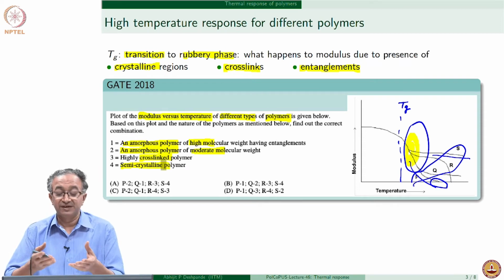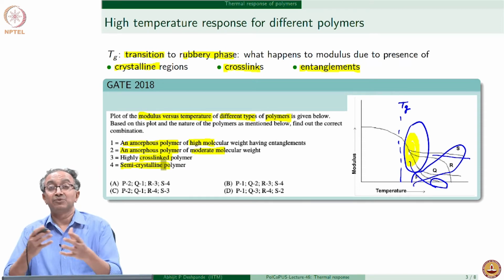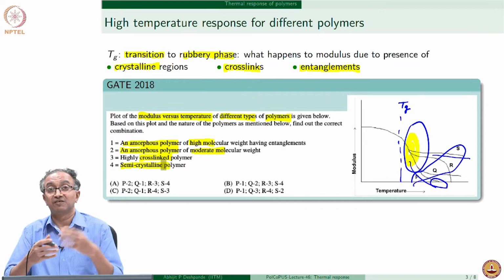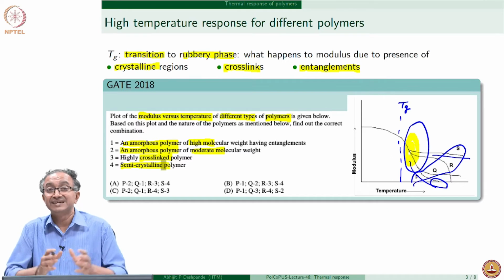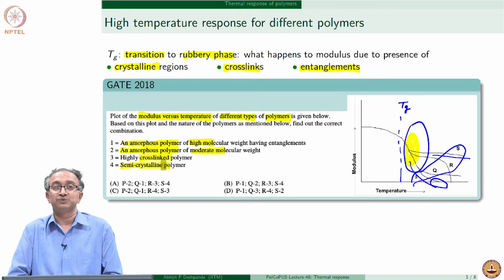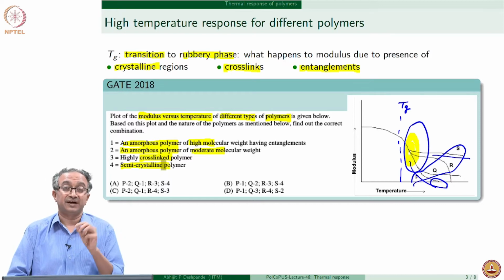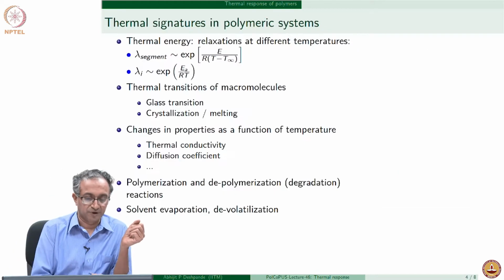Or if it is only entanglement which is constraining, will high molecular weight, or high molar mass, have more entanglements compared to low molar mass? If you are able to analyze these, then you should be able to answer this question. In all of this, the key is what happens at high temperature when sufficient thermal energy is available, and is there anything constraining in the material from a microstructural point of view.